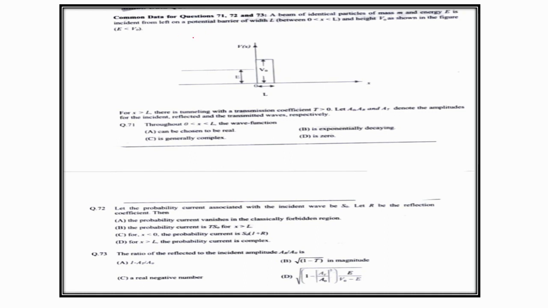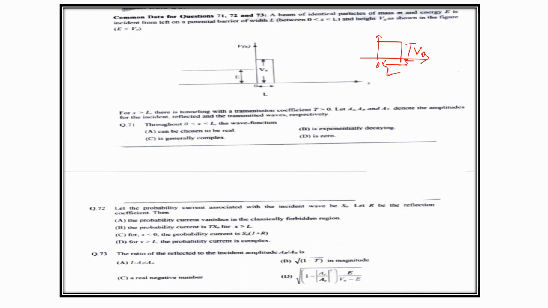So see this question. A beam of identical particles of mass m and energy E is incident from left on a potential barrier of width L. Okay, so this is the potential barrier, width is L, from 0 to L. Height is V naught.